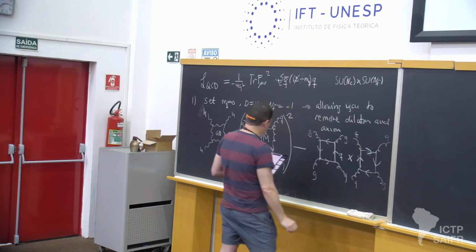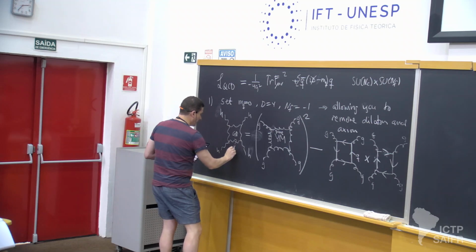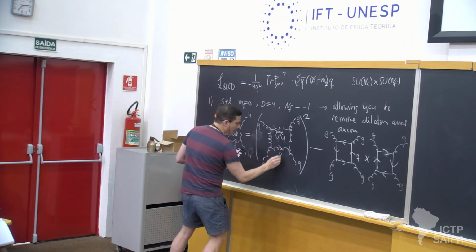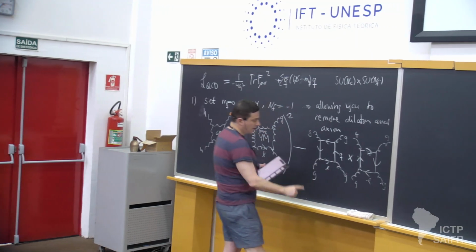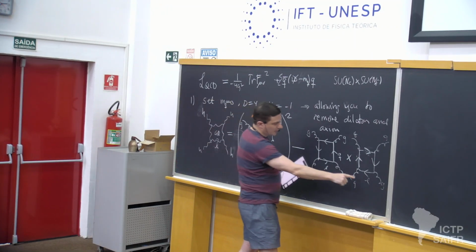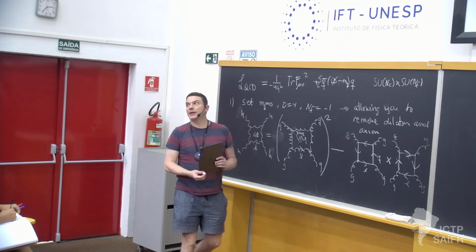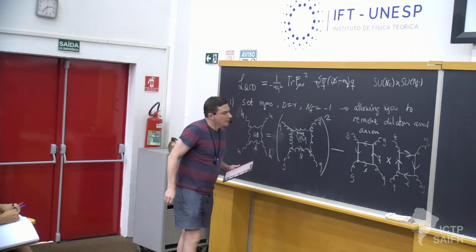And as I say, it's important that you do that for the same loop momenta. So if you have some loop momenta L there, you have to make sure that you have the same loop momenta there, here, and here. So the arrow does not indicate the direction of the loop momenta, but just the direction of the helicity or chirality of the fermion.